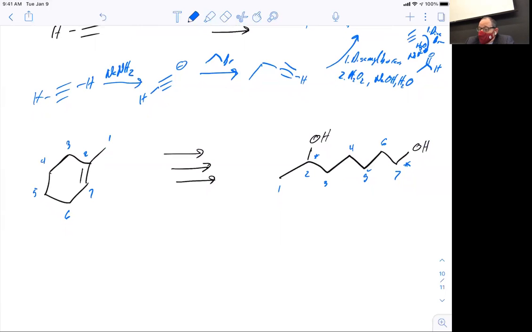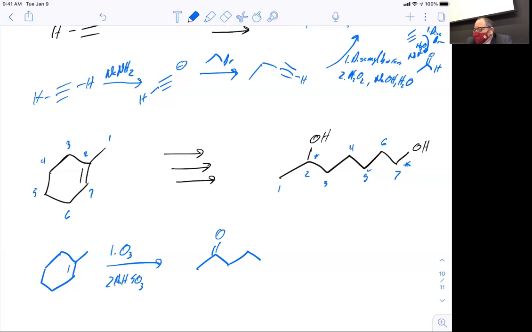So the first step is going to be ozonolysis, right? So ozone followed by a reducing agent like sodium hydrogen sulfide, or nickel, zinc, other reducing agents.